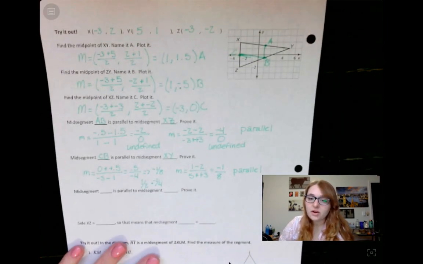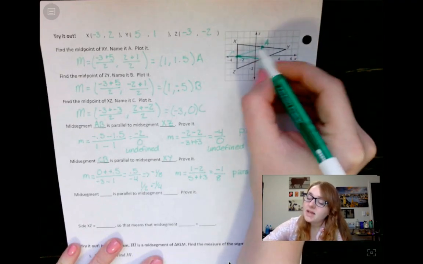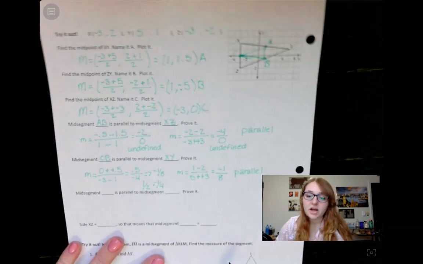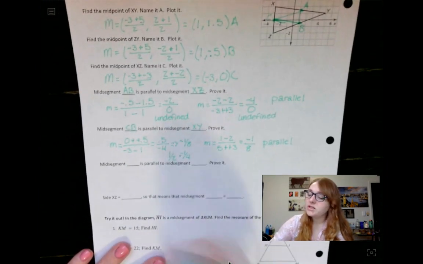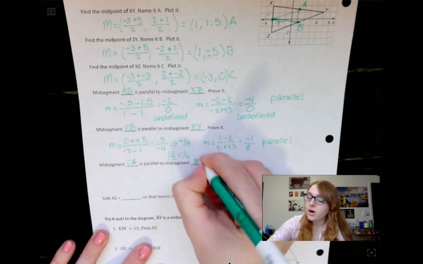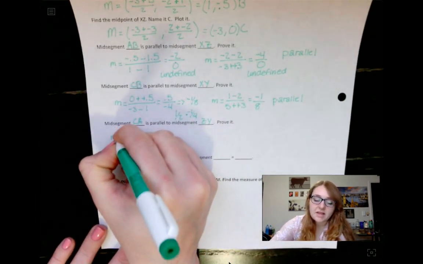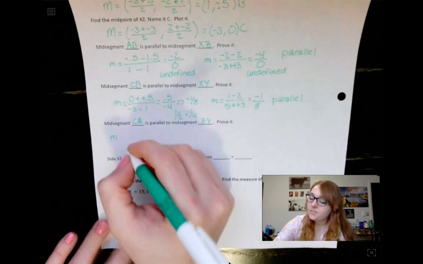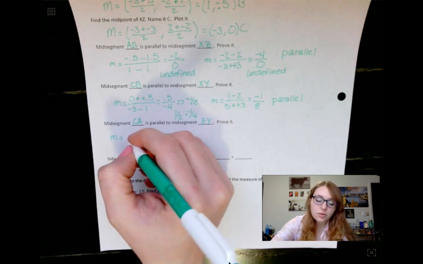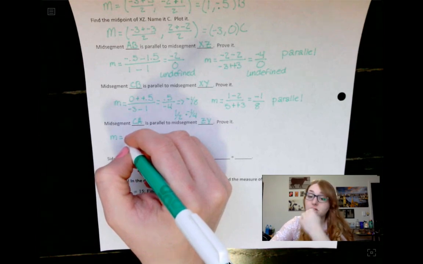Now we have to check our third mid-segment here between C and A. CA is touching XY and XZ, so the third side would be ZY. We're going to check that those are parallel. So we are checking if CA is parallel to ZY. Again, we have our lowercase m for slope. I'm going to make A my x1, y1, and my point C my x2, y2.